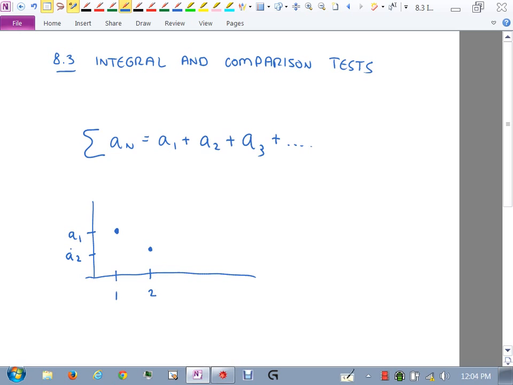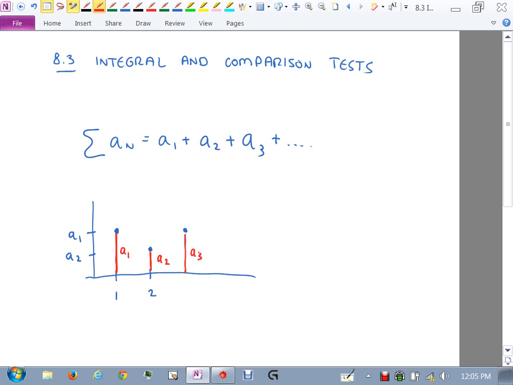And so we want to add these up. So I'm saying take the height of this. How high is that? How tall is that? A1. I want to add this height, which is A2. And then there's another one sitting out here, right? That's A3. I want to add all those heights up. Yes? Forever.